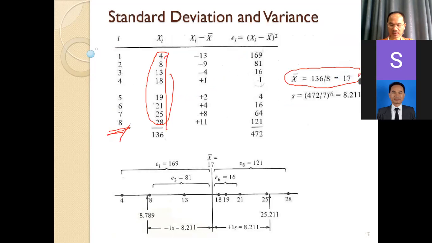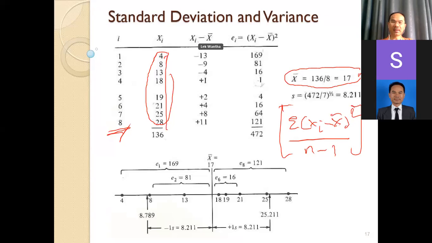And the standard deviation in this case you calculate by summation xi minus x bar squared, divided by n minus 1, and then the square root of this. For this case, we compute xi minus x bar, and xi minus x bar squared.